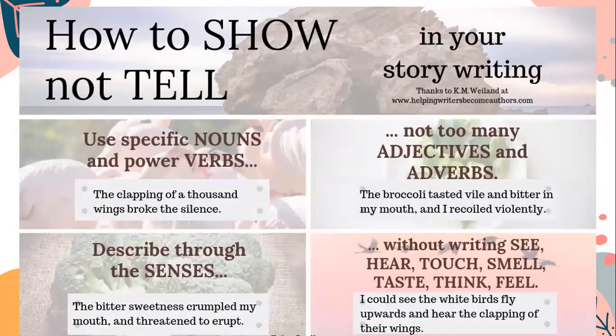While you are doing that, remember in your writing, you must use specific nouns and power verbs like clapping of 1,000 wings broke the silence, something like that. Also, do not go overboard in using your adjectives and adverbs. Imagine that line: the broccoli tasted vile and bitter in my mouth, and I recoiled violently.